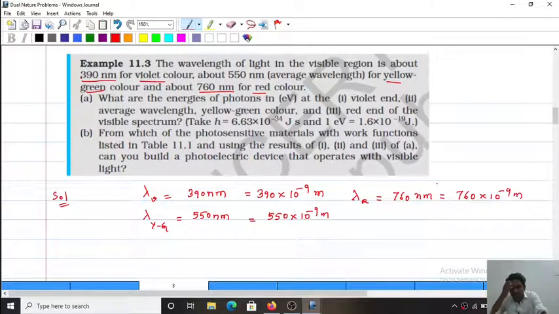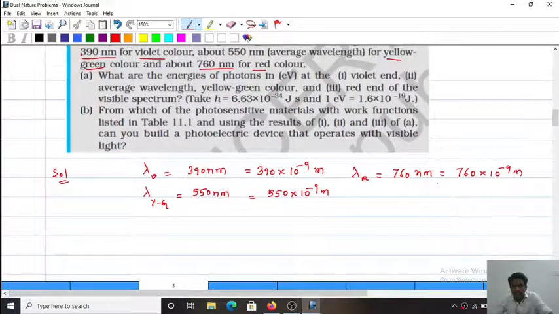Okay, so this is the given data. It is asked what are the energies of the photon in electron volts for violet, average wavelength that is yellow green color, and red color wavelength. First, in the first half of this problem, we will find the energies of these wavelengths. Energy of violet light is given by E equals hc by lambda.